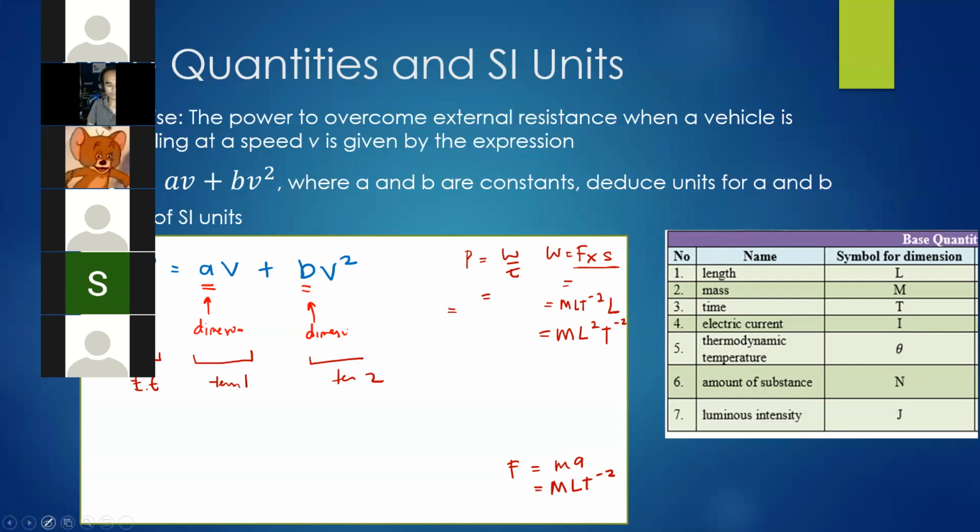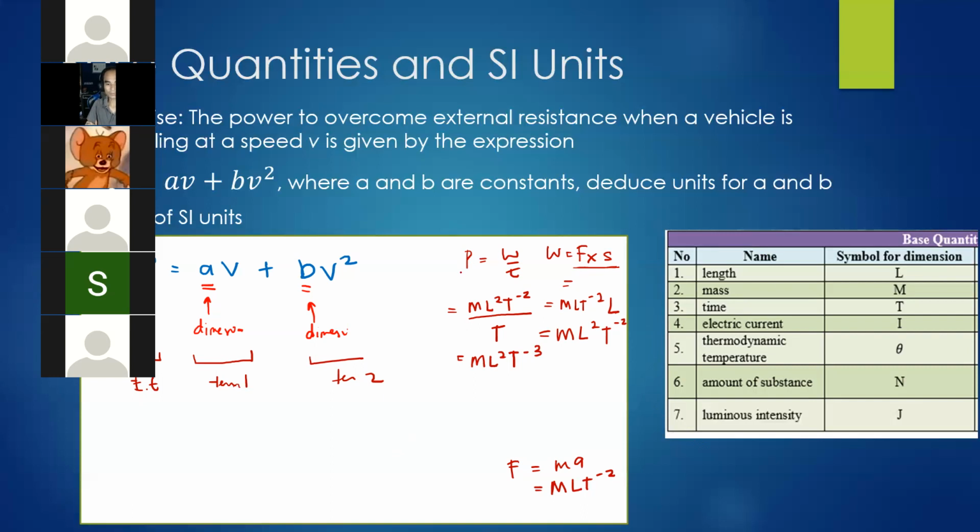Then M L squared T negative 2 over T, power T, ends up with M L squared T negative 3.